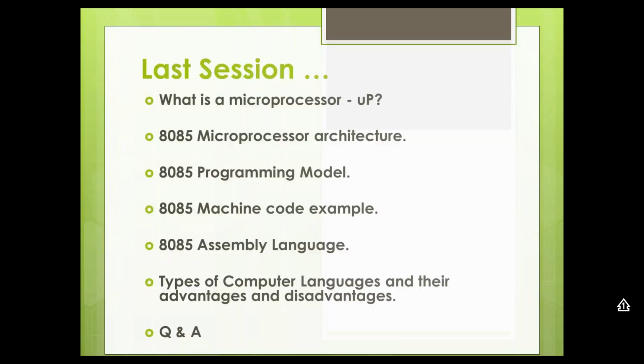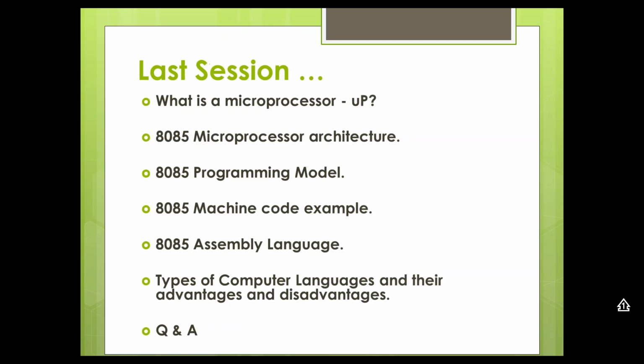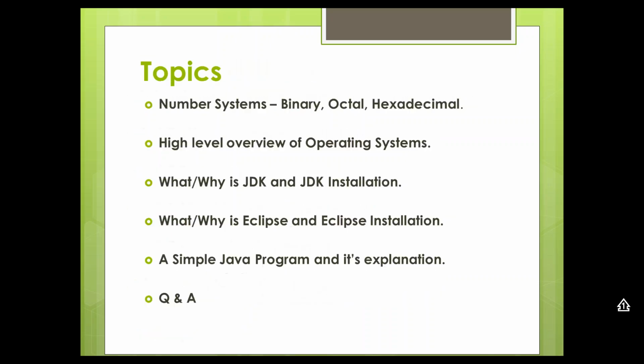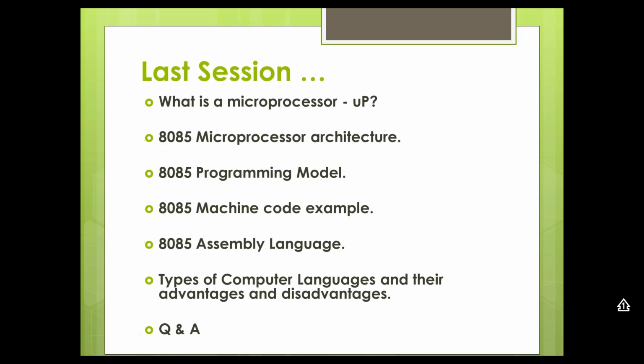Before we start our session, let's see what we covered in our previous class. In our previous class, we got introduced to the concepts related to microprocessors: what a microprocessor is, and the basic architecture or programming model of the 8-bit microprocessor 8085.